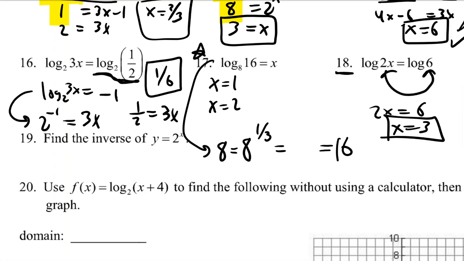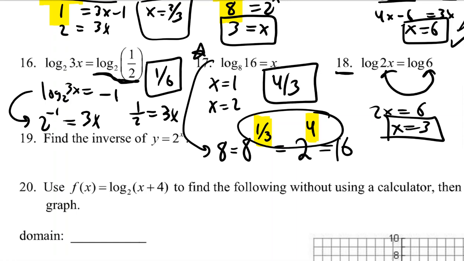So the number times itself that gives you 8 would be 2. So by raising to a 1/3, I'm able to change the 8 to a 2. Now, what can I raise 2 to get 16? Okay, so I really want to raise it to a 1/3, and I want to raise it to the 4th. So the answer to that question is 4/3.